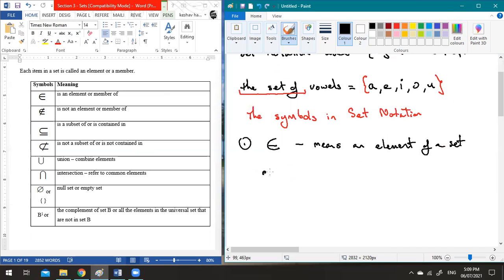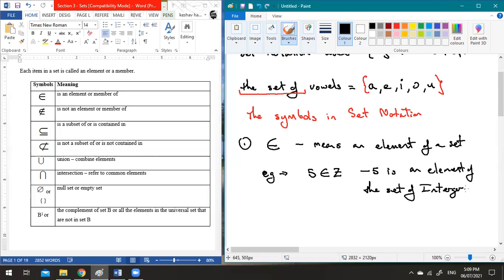So for example, if we say 5 ∈ Z, where Z represents the integers, we say 5 is an element of the set of integers. So that's what this symbol means.